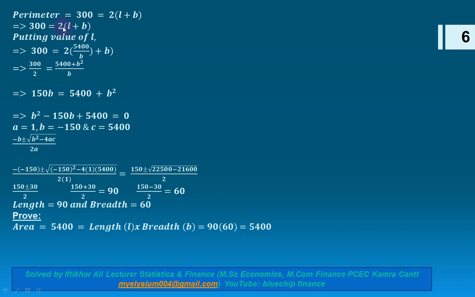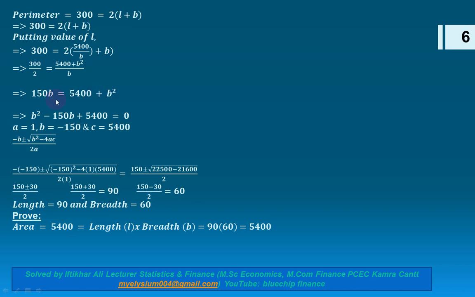So 2 multiplied by 5400 divided by B plus B. So first of all, this multiplicative 2, when it goes to the other side of the equation, it will be divided by 300, and the result will be 150B equals 5400 plus B square.